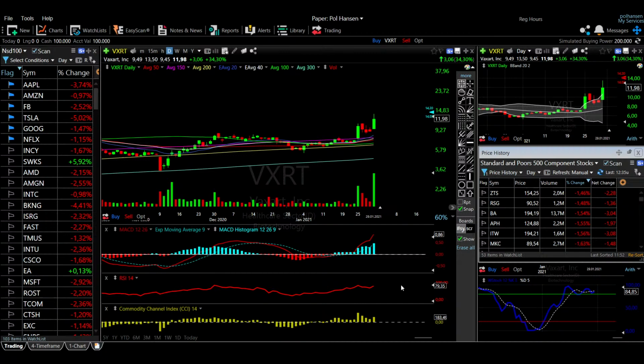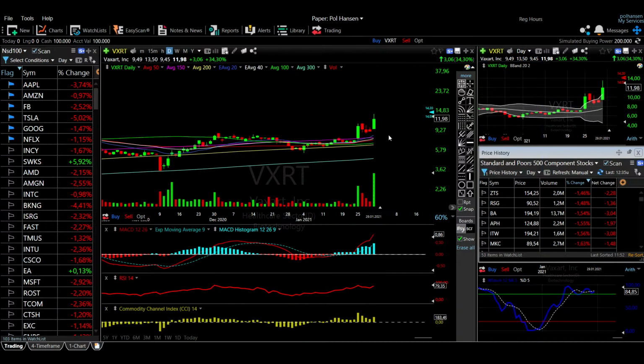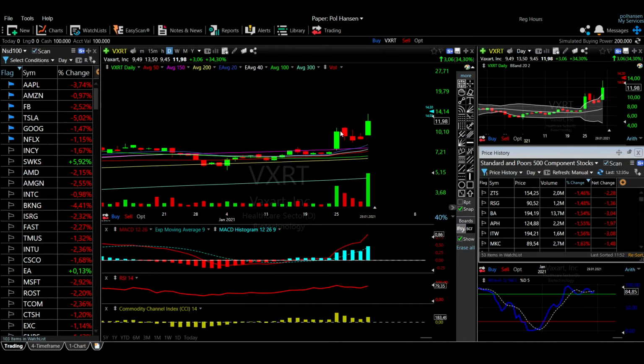And yes, you could expect a pullback at least towards the middle of the Bollinger Band. So from where we are at the moment towards the middle of the Bollinger Band, that's a drop of roughly 36%. So it most likely won't do that, but you could see something similar to this.